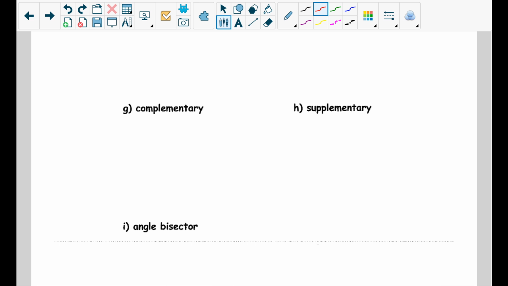H, supplementary. Does anyone know what supplementary is? Okay. So supplementary, let's say here I have 3 angles, 1, 2, and 3. Looking at that picture, what do I know about these 3 angles?